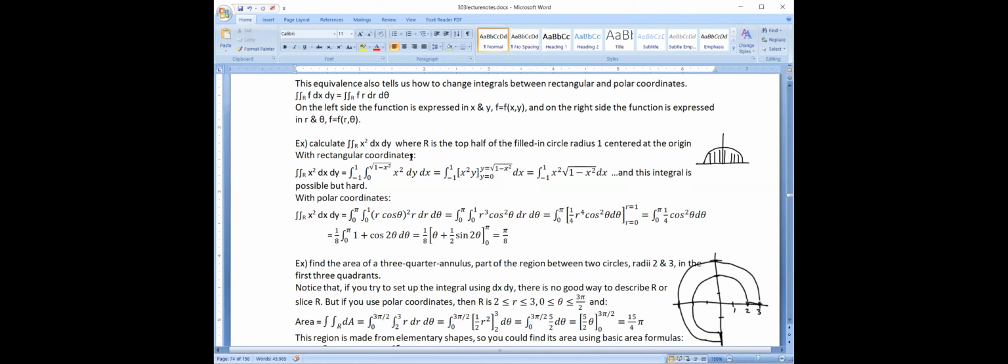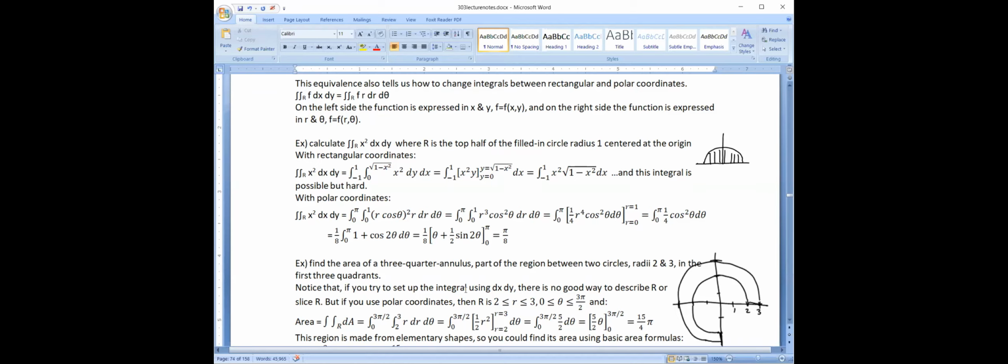Integrating r dr, you just get 1/2 r squared. Then you evaluate r from 2 to 3, and you get 5/2. Then integrate that d theta, you just get 5/2 theta. Plug in the boundaries, you get 15 over 4 pi.